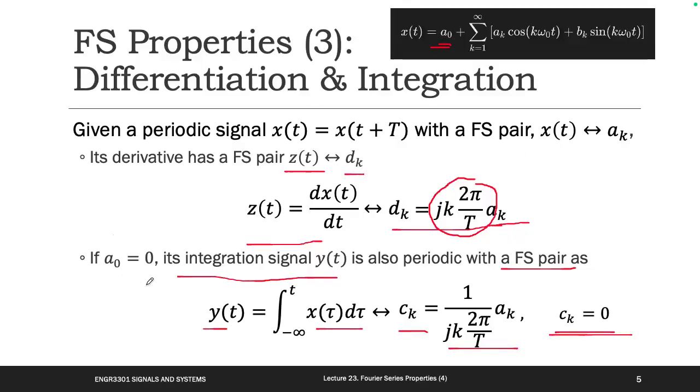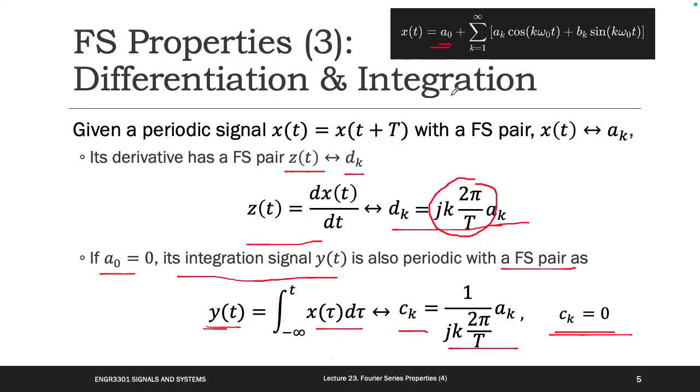Let me ask you one question. Do you know why a naught must equal 0? We talked about it: because we want y(t) also to be periodic after you integrate x(t).